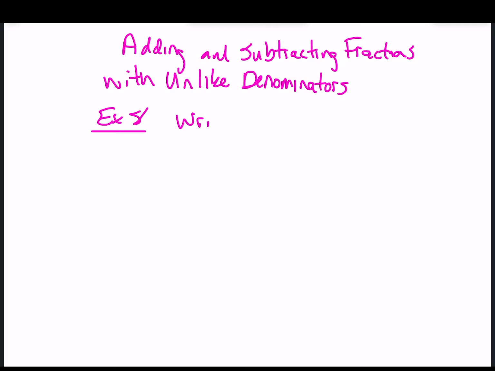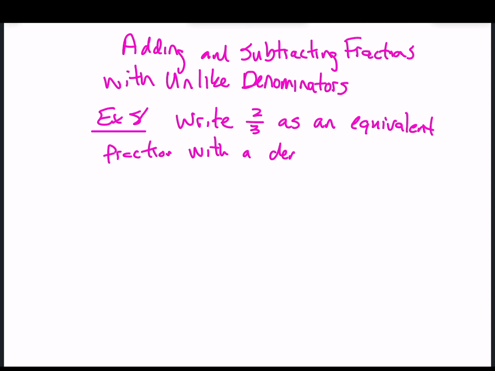Okay, we want to write 2/3 as an equivalent fraction with a denominator of 21. So a lot of times what we will need to do is make a fraction with a different denominator to get them to be the same, which is called finding a common denominator. So this will help us practice how to change a denominator.